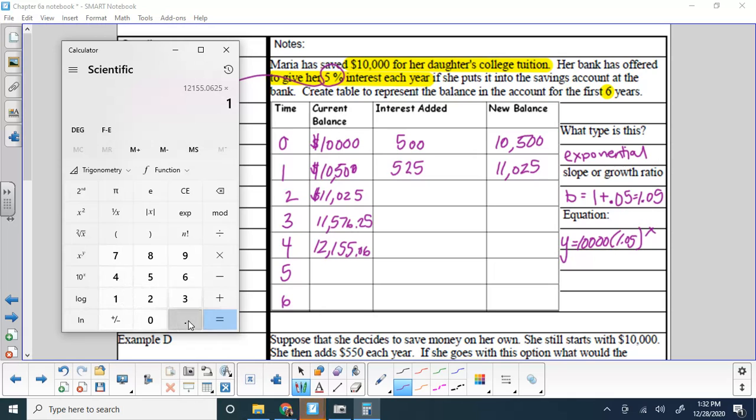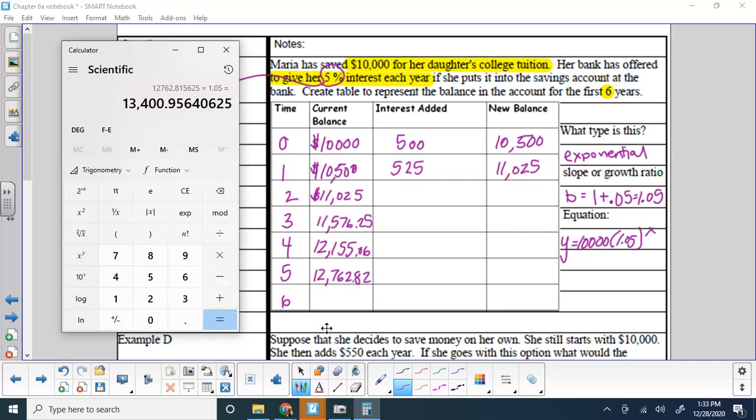Again, I'm going to take that answer and multiply it by 1.05. And when I do that, I get $12,762.82 if we round. And I'm going to do it one more time, times 1.05.